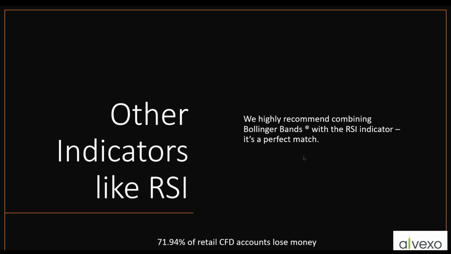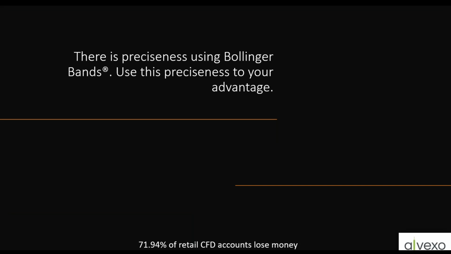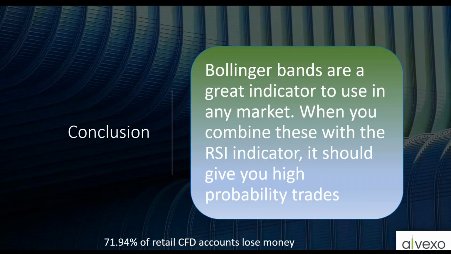So matching it with RSI is a perfect match. Now there's a preciseness using Bollinger Bands. Use this preciseness to your advantage. Bollinger Bands are a great indicator to use for any market. When you combine these with the RSI indicator, it should give you high probability trades.